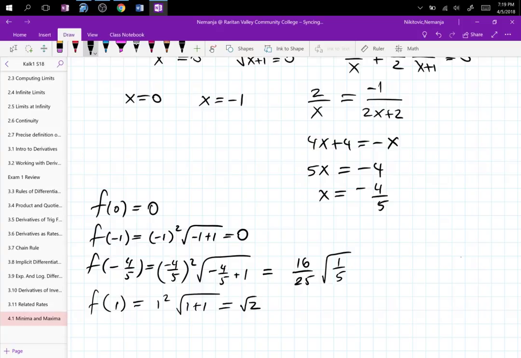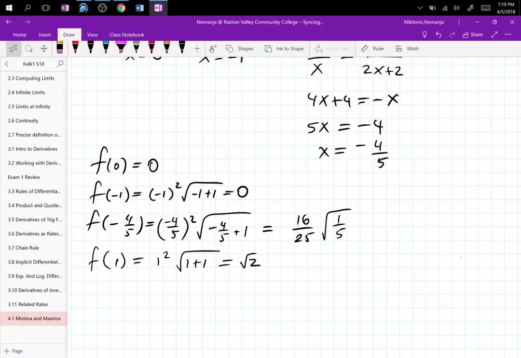And these are all of the points that we have. Now, you can approximate this using the decimal. 16 divided by 25 times the square root of 1/5. So what you need to compute is 16 divided by 25 root 5. If you rationalize this, you will get 16 root 5 over 125.